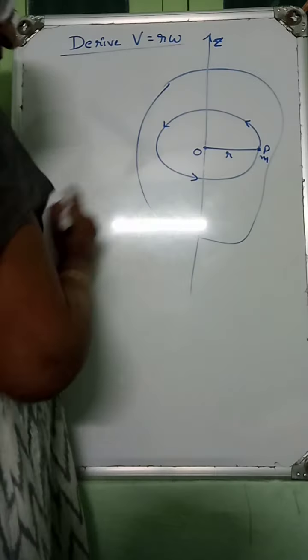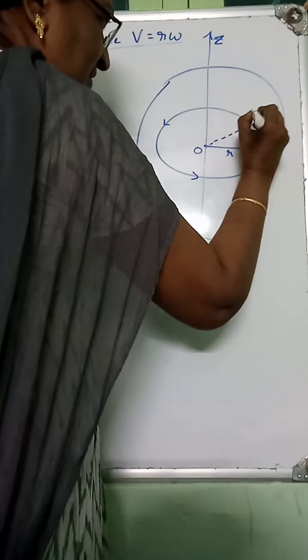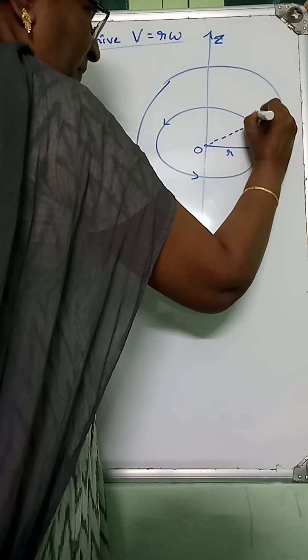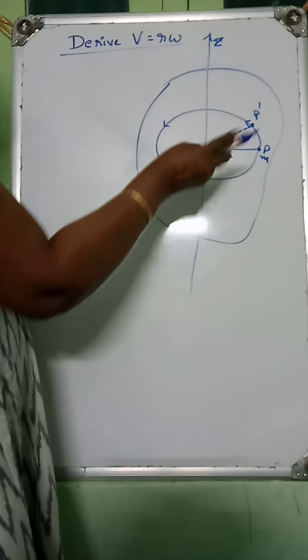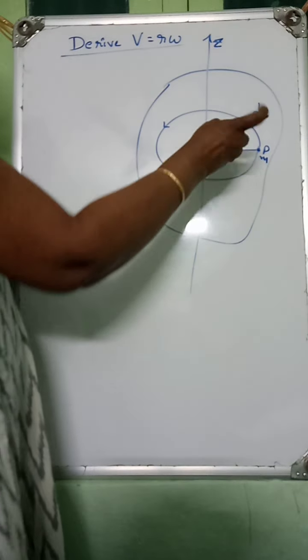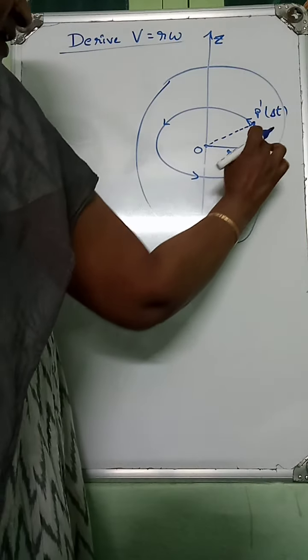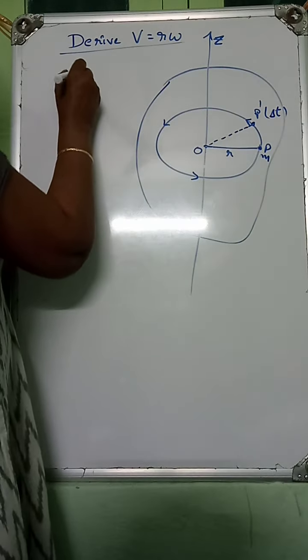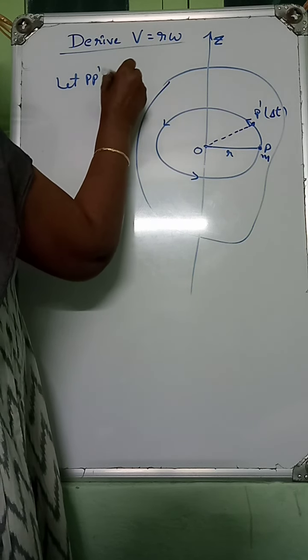At t equals 0 seconds, P is the position of the particle. After delta t seconds, it takes a new position, P dash. What is the time taken to reach from P to P dash? Delta t seconds. Let PP dash be delta x.